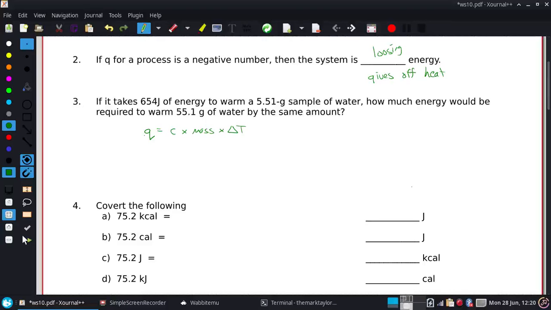Now, on this particular one, I could just plug in some numbers. 654 would go in for our Q, and specific heat of water is 4.184 joules per gram degrees Celsius. Mass is 5.51 grams. And we would then be able to calculate how much the temperature goes up.